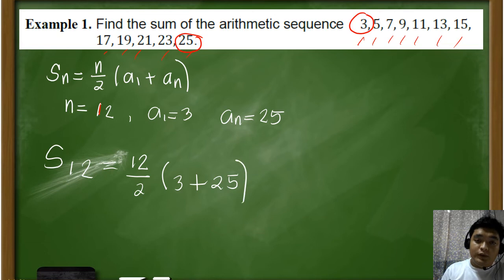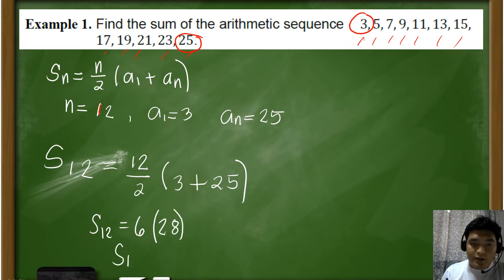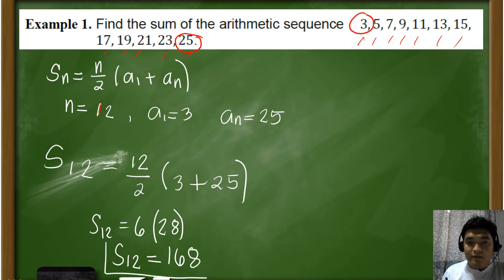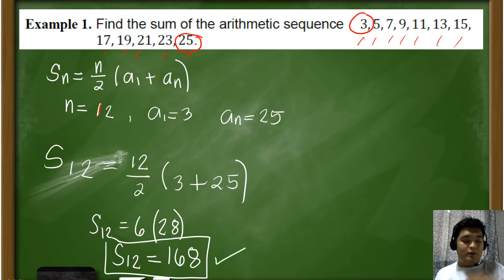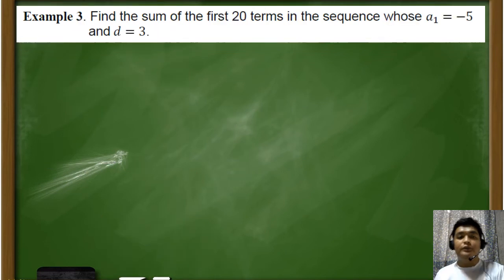So S sub 12 equals 12 over 2, which is 6. What is 3 plus 25? That is 28. What is 6 times 28? That is 168. So the sum of our sequence, adding all of them, is 168.